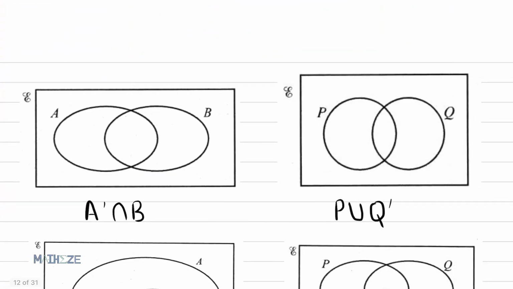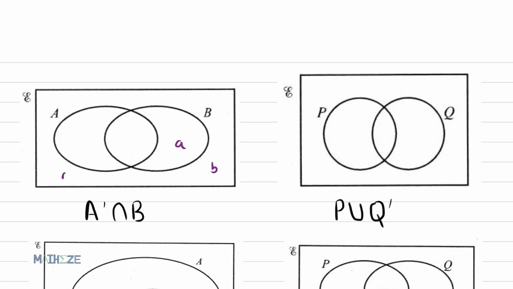So let's begin. It says A complement intersection. What does complement mean? Everything other than A. So let me write down numbers, letters there.